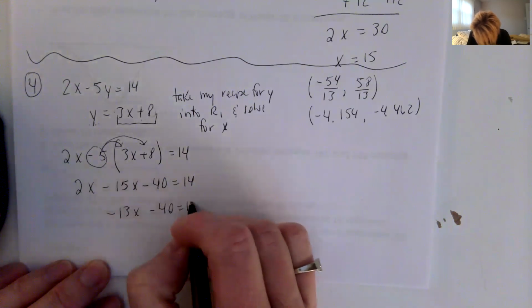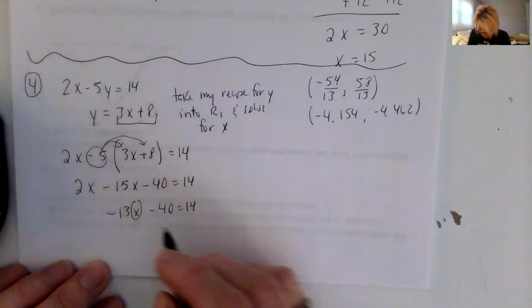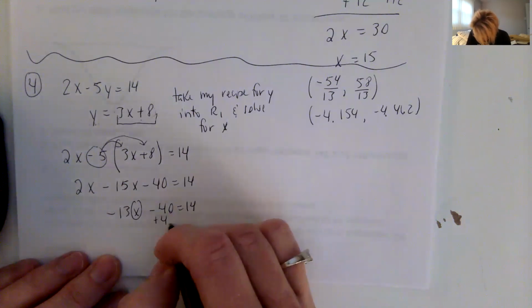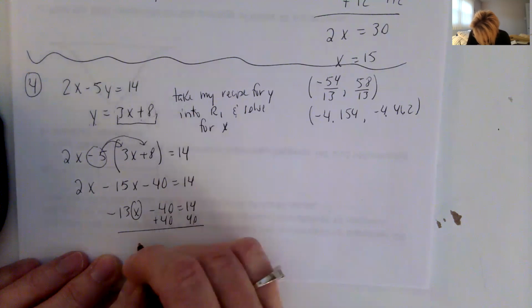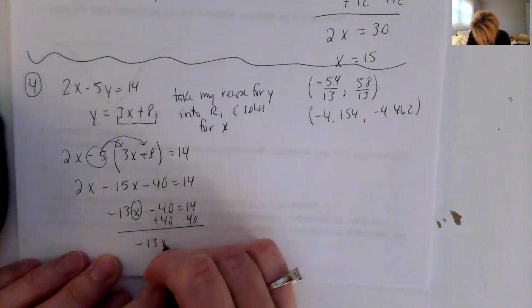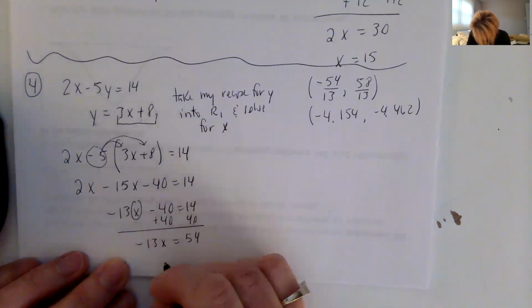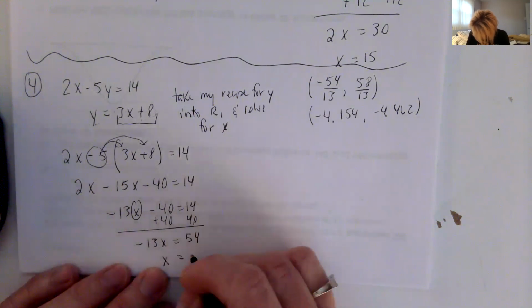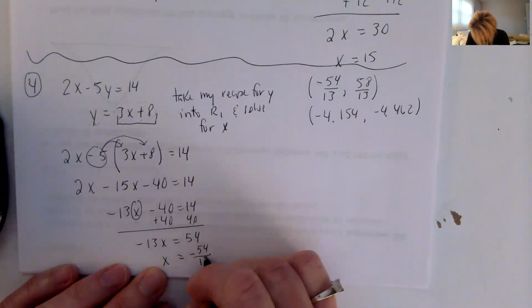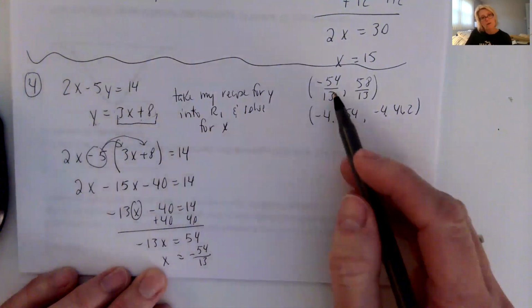Subtracting 40 equals 14. I'm solving for x. I'm going to circle that. Adding 40 to both sides, we get a -13x equals 54. And dividing by a -13, we get a -54 over 13, which is what we have up here. So that worked out.